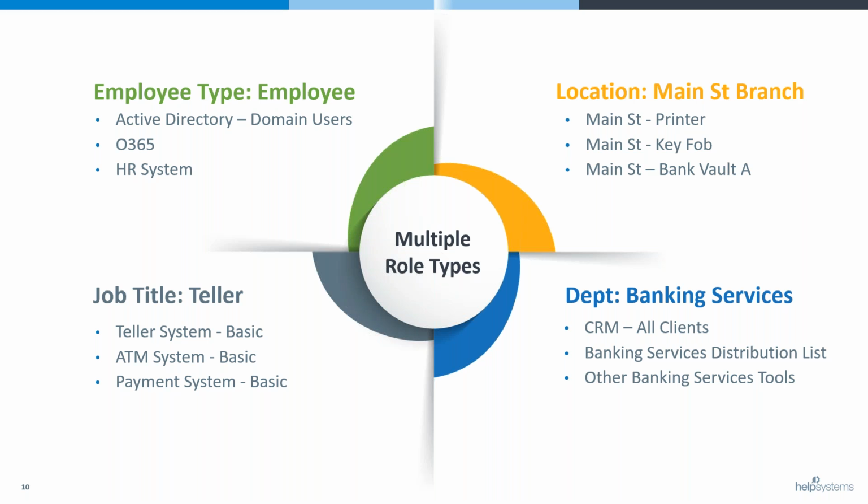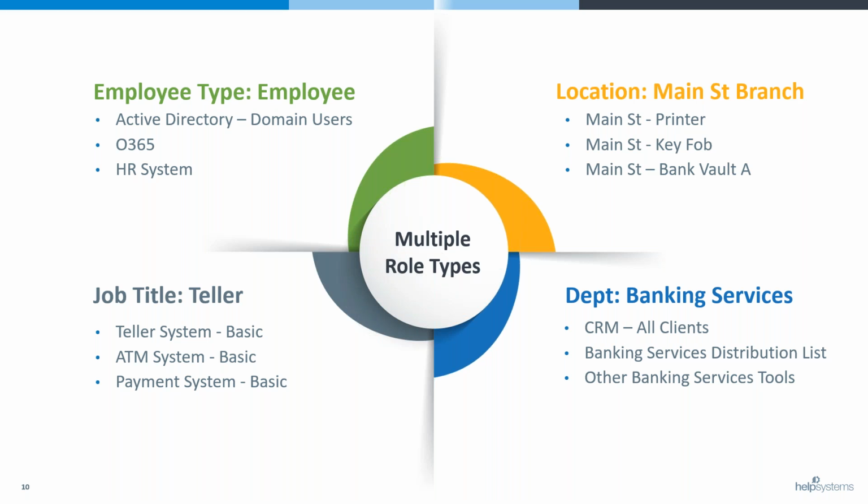This user is also identified as a teller, as a job title. So we would be able to tell that this user is a teller, because all tellers get the teller system, just basic access, an ATM system, a payment system. And these are just made up examples for different types of accesses.